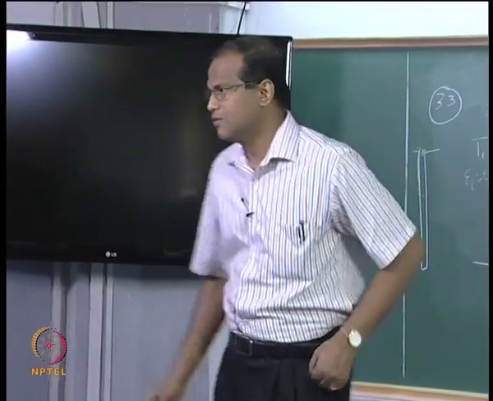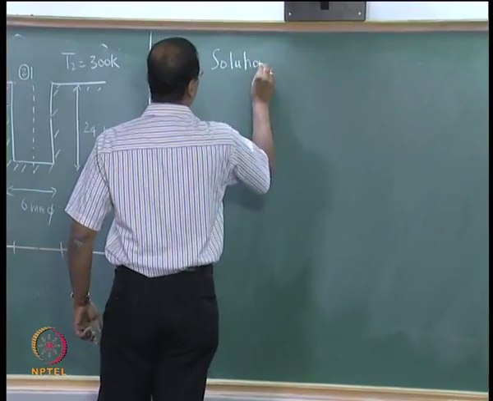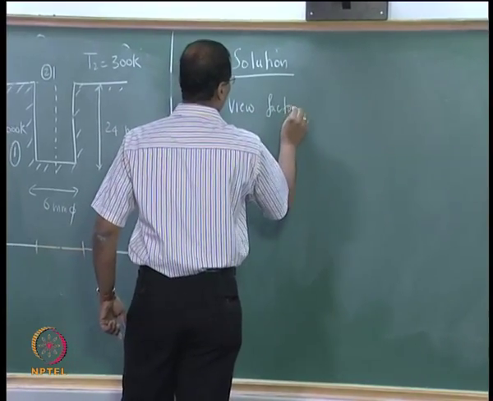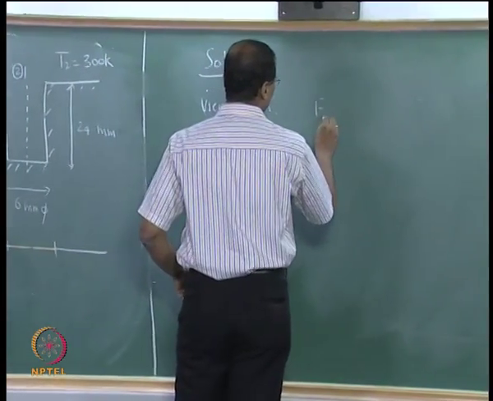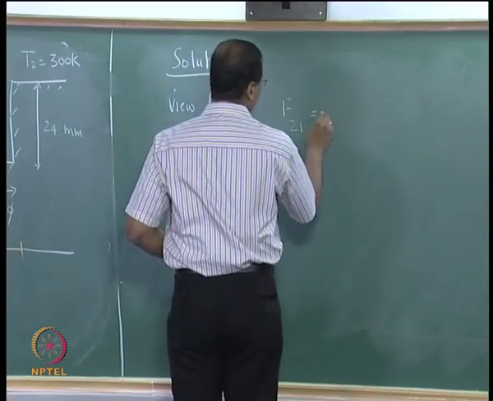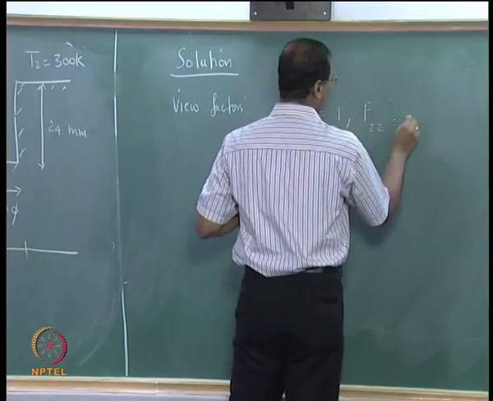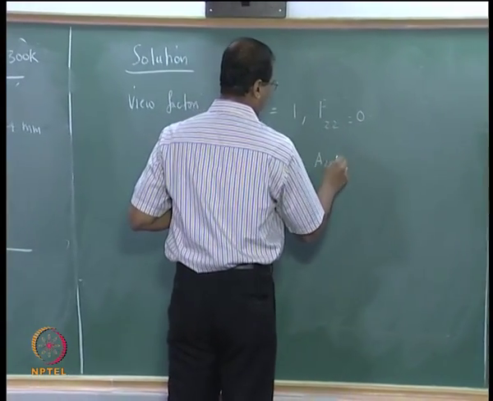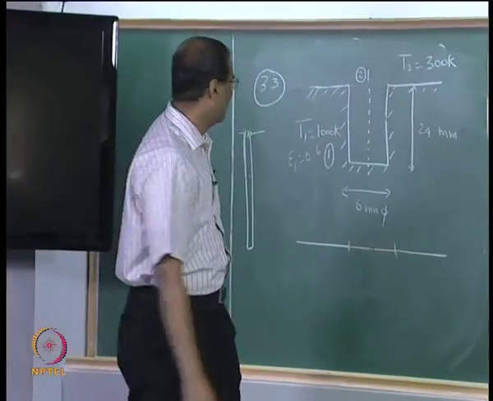View factors, very good. So, solution. F11, F21, F22, so A1.